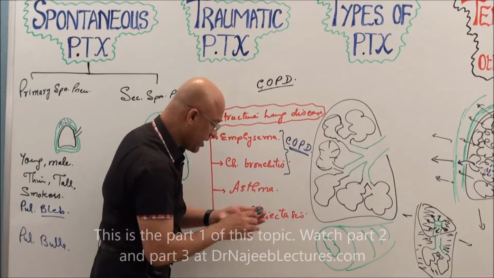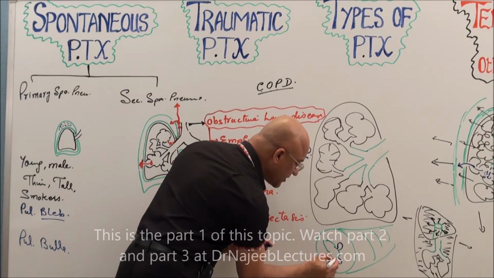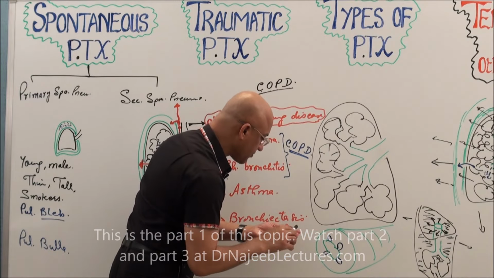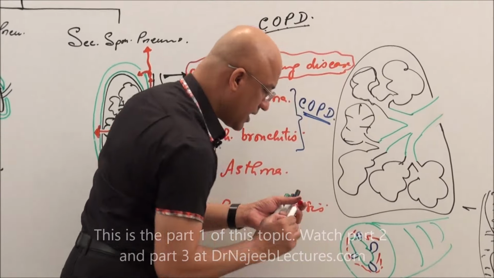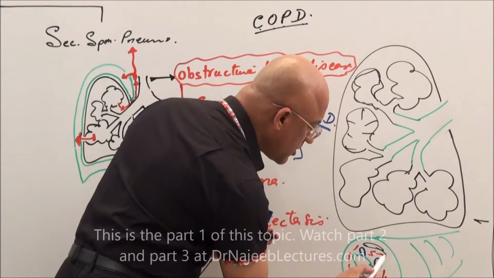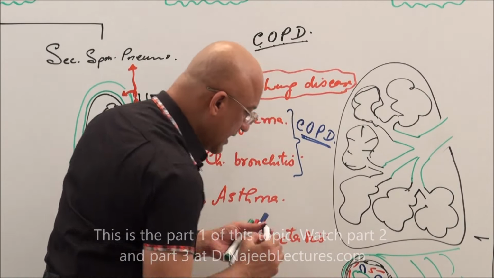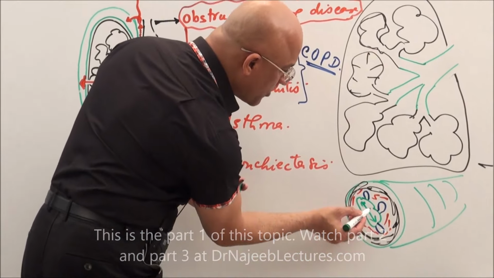These are the mucus. What are these? Mucous glands. These are the blood vessels. And here, what is this? Smooth muscles. What are these? Smooth muscles. Now this is the lumen. What is this? This is the lumen.